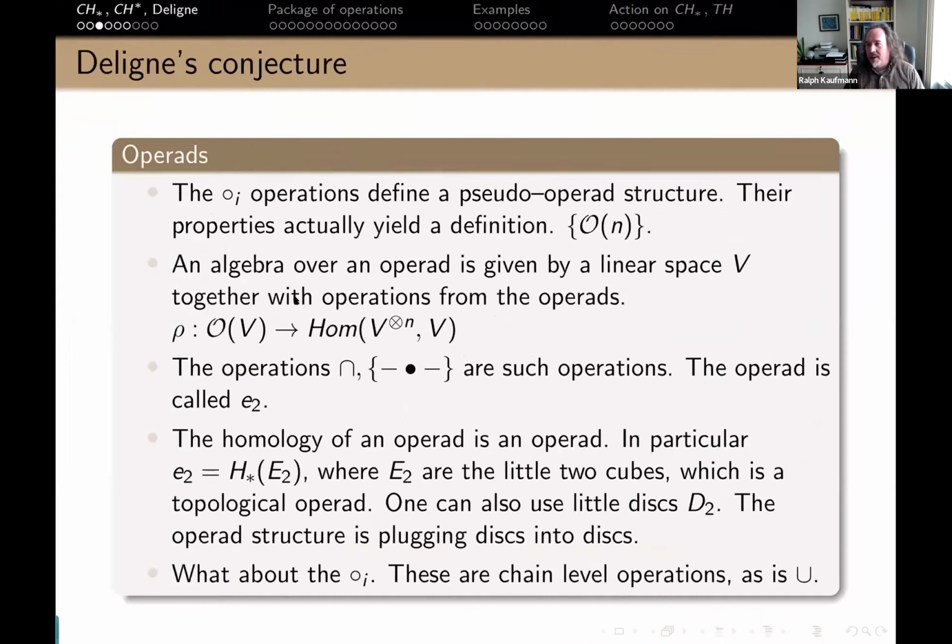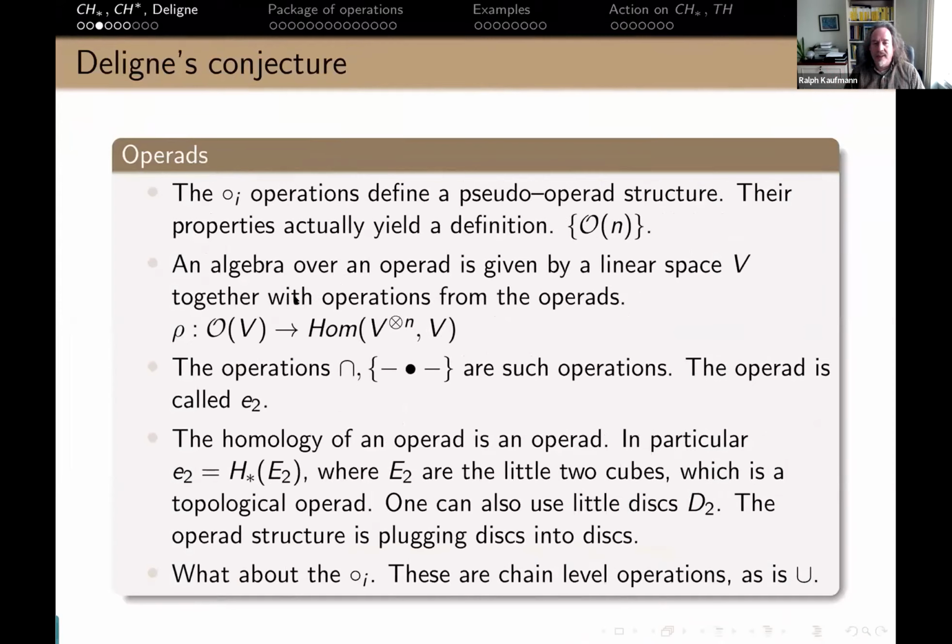You just write down the properties of what these circle i operations have, you do one after the other, and then you figure out that, okay, they're associative in a certain sense. And maybe you could permute these tensors. So that's the other part. If you are allowed to permute tensors, then these circle i's have some equivariance with respect to some S_n action.